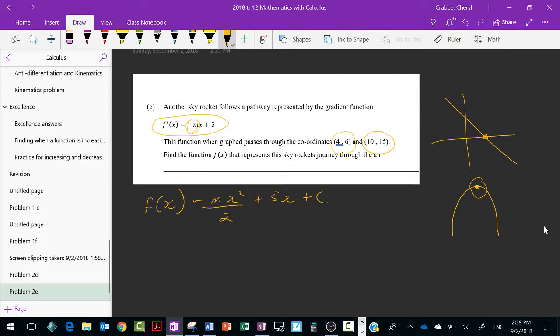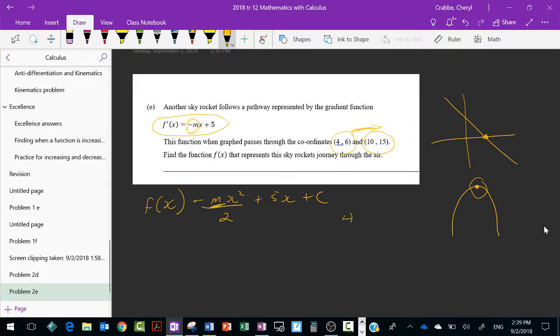Now, there's no place to go at this point other than to use these points. And the problem is that these points will get rid of our f(x) and our x's, but they won't give us enough information to find c, because we've still got this m involved here. But we're going to stick them in anyway.